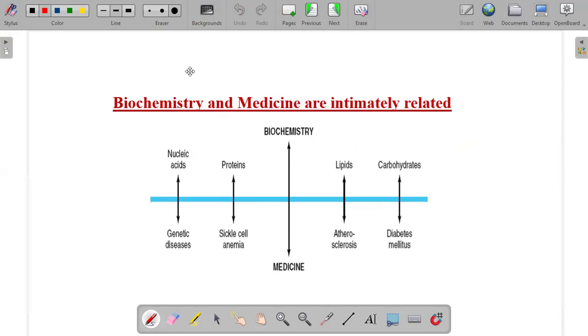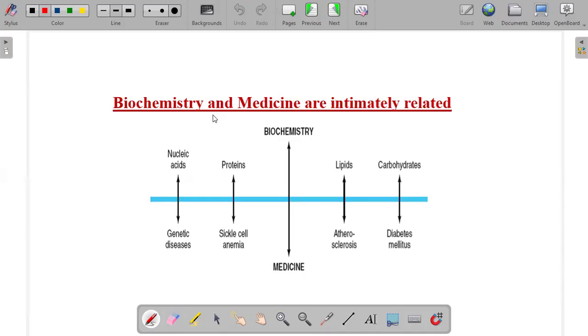If you are not having normal nucleic acids, we end up having genetic disorders. Protein, for example, hemoglobin is a protein, isn't it? So if you have a mutation in the subunit of your hemoglobin, right, you end up having what we call sickle cell anemia. We'll understand when we discuss them in food, isn't it?